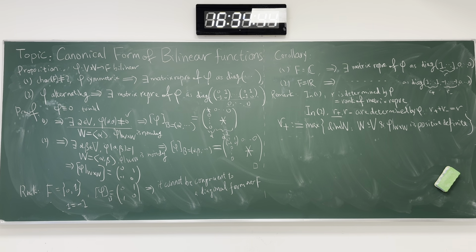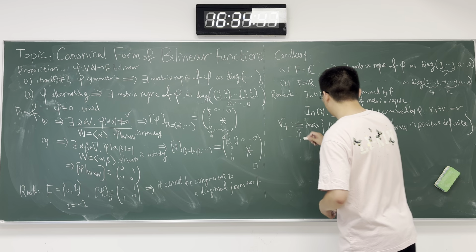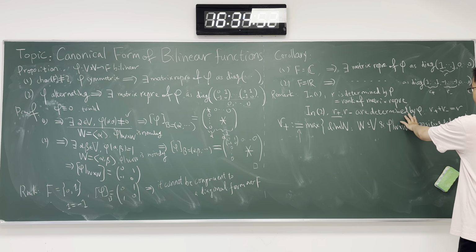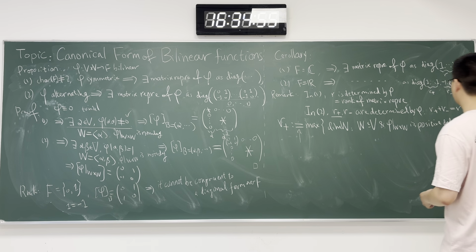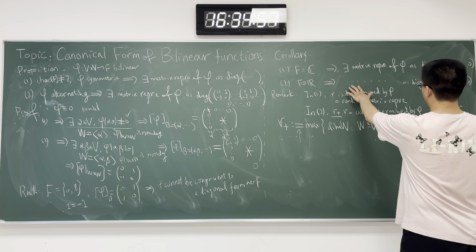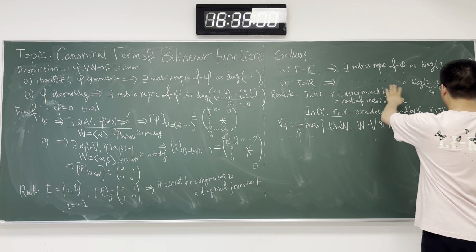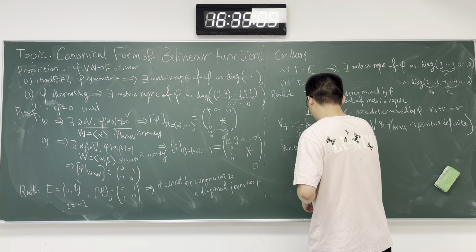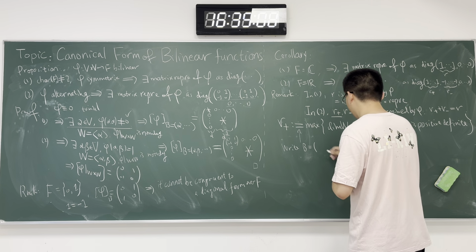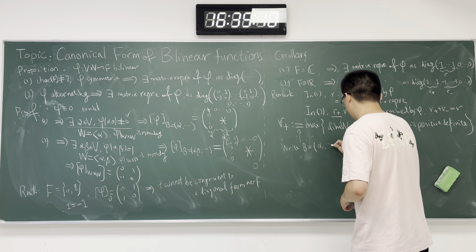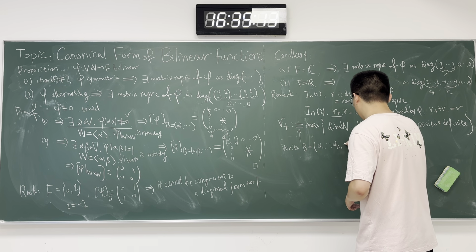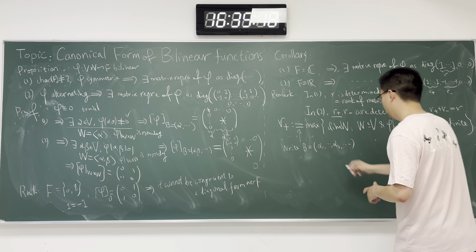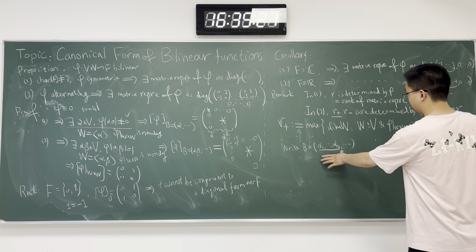So if we could prove this equality, then r plus is totally determined by phi. Why does it hold? There exists a matrix representation, which means there exists a basis. Say, for example, we write the basis to be alpha 1, ..., alpha r plus, and so on. This corresponds to the first r plus coordinates.